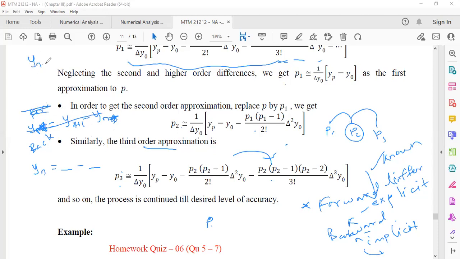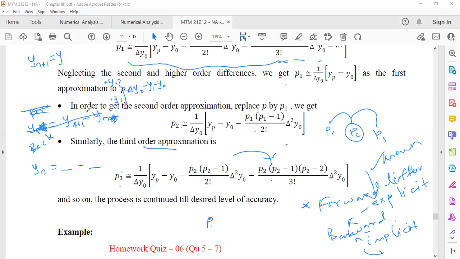Yn plus 1 is equal to the next one, isn't it? So if, for example, this point is y0 and this point is y1, then delta y0 is equal to y1 minus y0, isn't it?